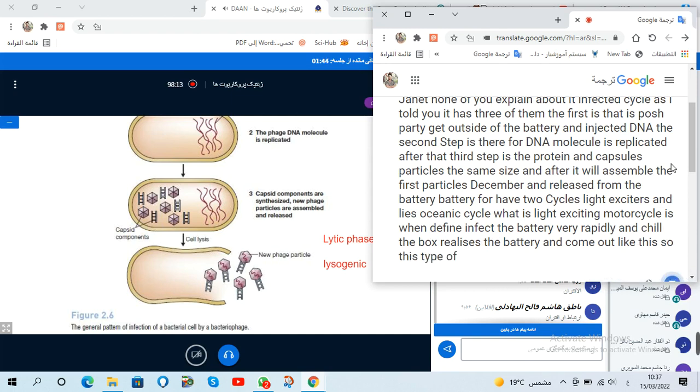This type of rapid infection is called the lytic cycle, as the release of new phage particles is associated with lysis of the bacteria. They synthesize too many phage particles, lyse the cell and come out. This is lytic.